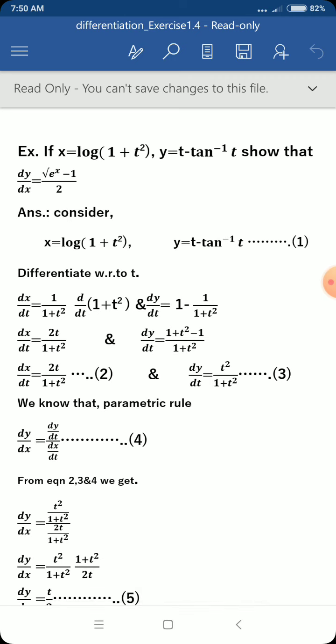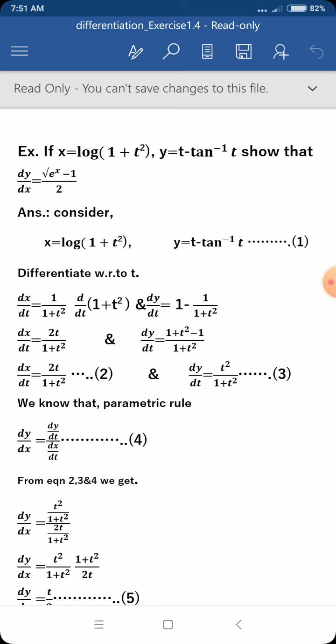Now derivative of 1 plus t square is 2t. Therefore, dx upon dt equal to 2t upon 1 plus t square. Call this equation number second.